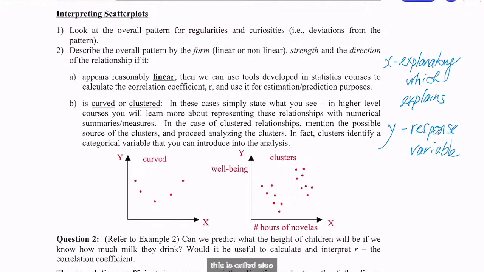This is called also the dependent variable, because it depends. So Y is the dependent variable that depends on X, or the explaining variable. So in that sense, using the word dependent, then X is independent.